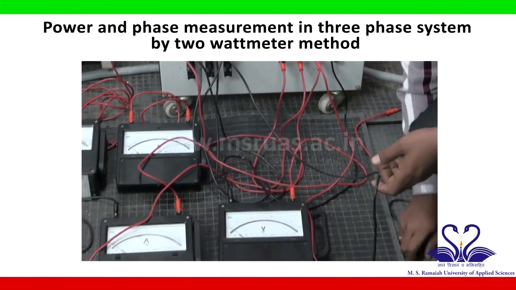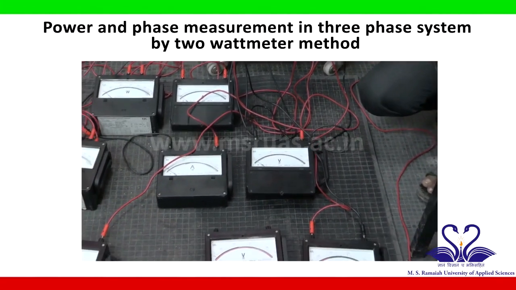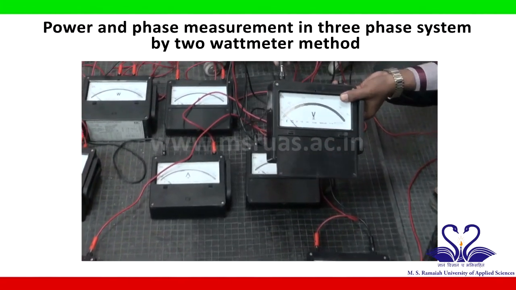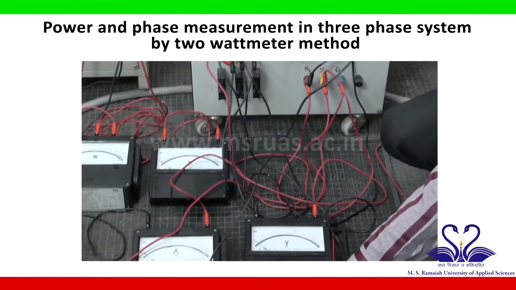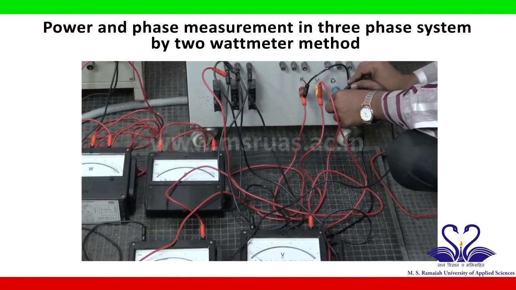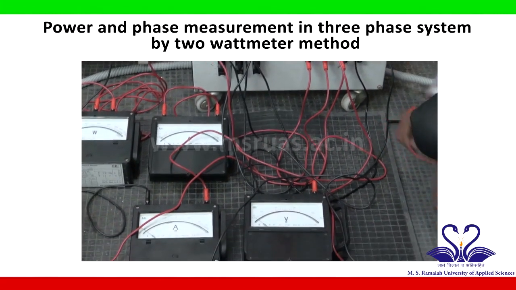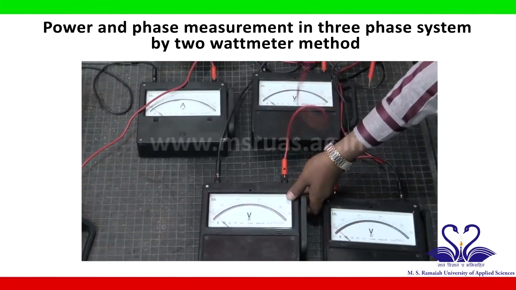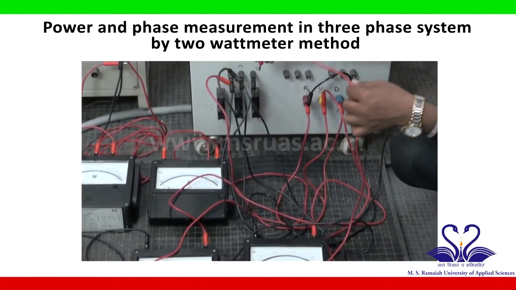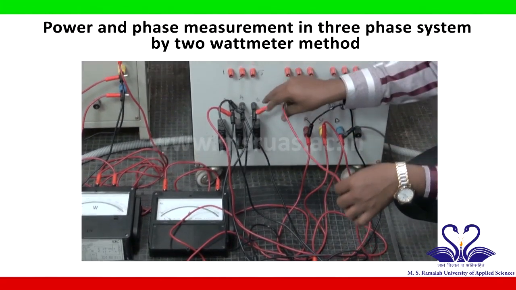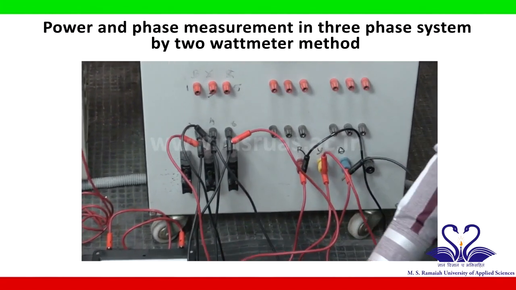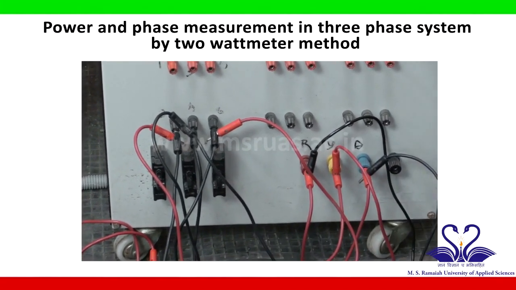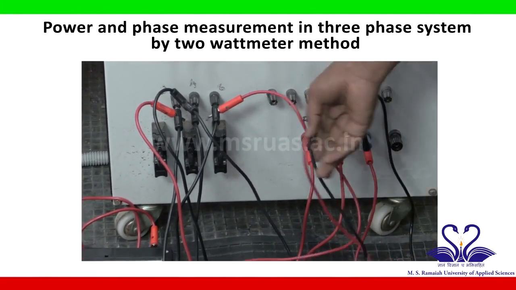Similarly, connect one voltmeter across the B phase and neutral of B phase. So, one end of this voltmeter is connected to the B phase, and the other end is connected to the neutral of the B phase. So, these are the connections for the 3 phase power and phase measurement by using the 2 wattmeter method.